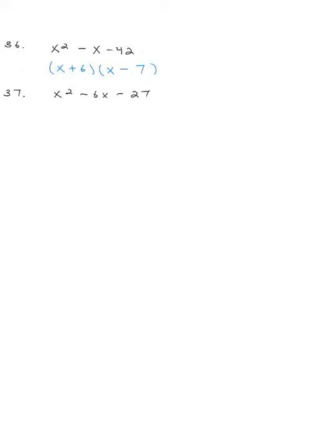All right, let's see. Again, would have to be a positive times a negative. So I'm multiplying to 27. All right, so I'm thinking 9 and 3. If it's a positive 3 and a negative 9, that multiplies to negative 27, yet adds to a negative 6.